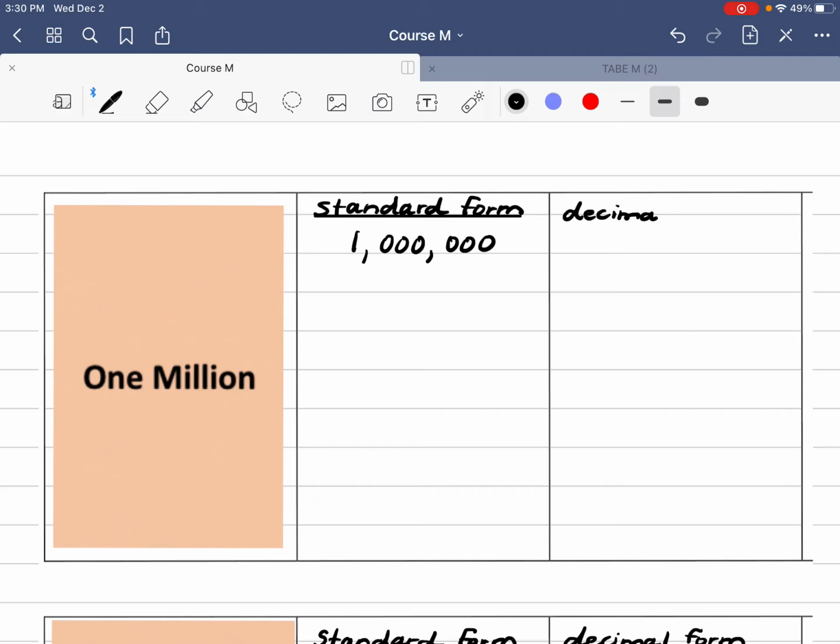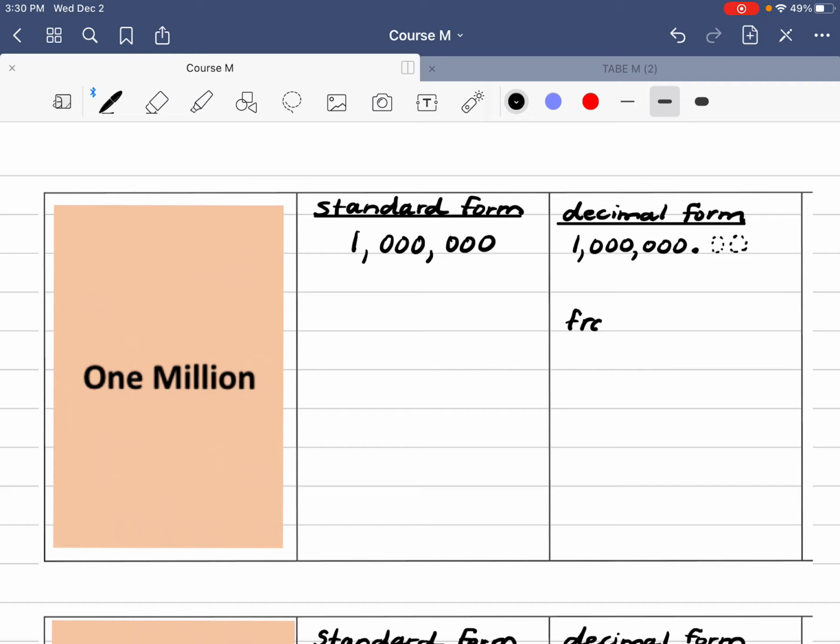Decimal form is just standard form. And bear with me here because this is going to change when we get into the decimal places. I want you to see the pattern. And then you can add zeros if you need them.